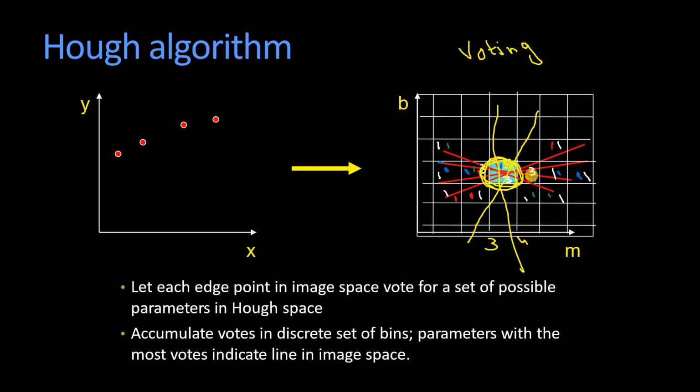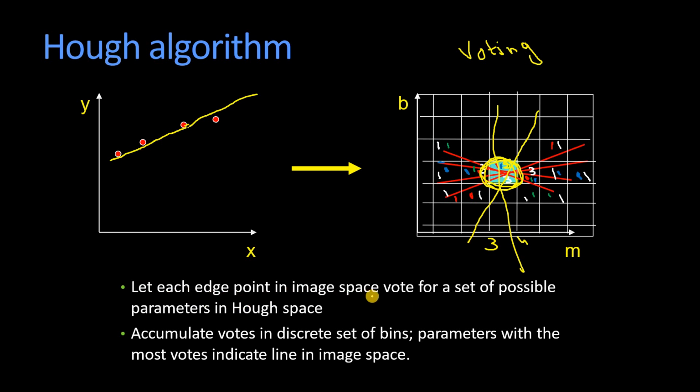For example, this bin has 45 votes, and the closing one, if the line is not so straight, will have 30 or 39 or 40 votes, so it will be close. Practically, if at the end I make a line, maybe that line does not represent this pixel, but it is very close to it, not so far away. Clear? So this is the process of voting that we discuss over here.